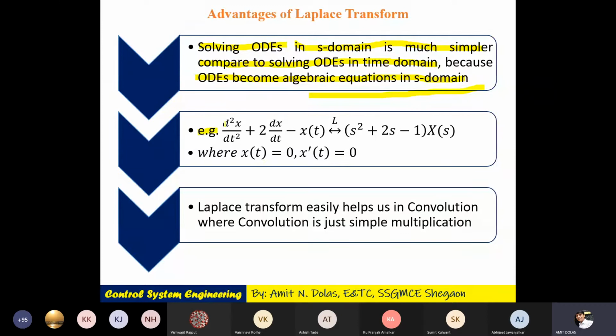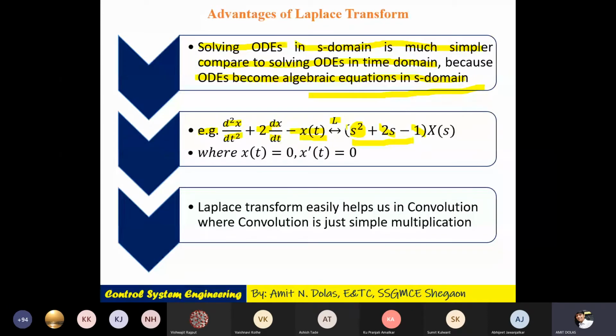For example, take the ODE d square x by dt square plus 2 dx by dt minus x of t. Its Laplace transform is s square, of course, for d square x by dt square. Then 2 dx by dt will be 2s, and x of t's Laplace transform will be 1, so minus 1.